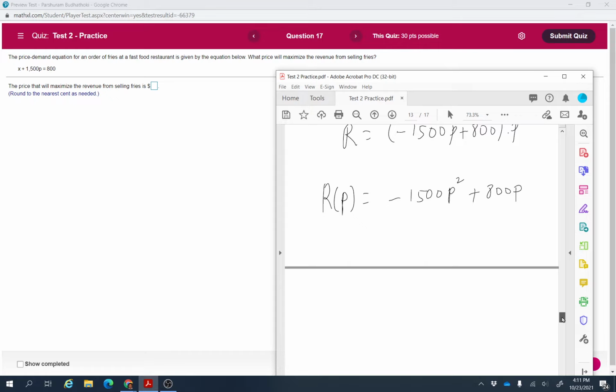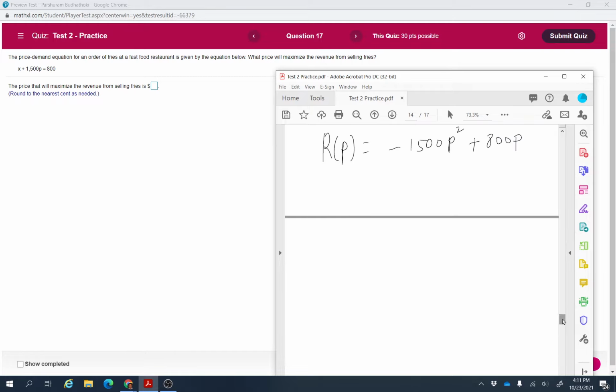If the second derivative is negative at any critical number, then that is the maximum value. So let's do that. First find the derivative of this function, which is negative 1500 times 2p, which is negative 3000 times p, plus 800 because the derivative of p is 1.